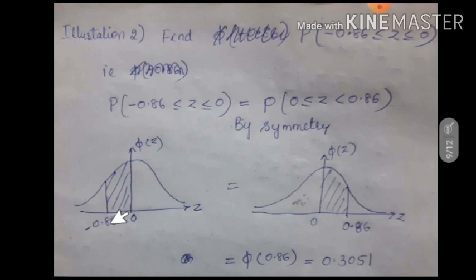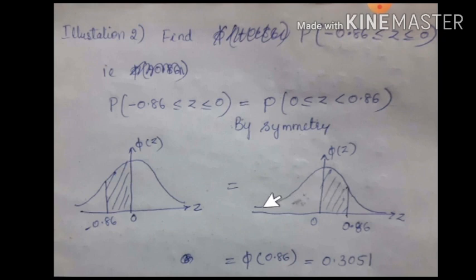So they asked you to find the area between minus 0.86 to 0. We know that the area under the normal curve is symmetrical about the line z equal to 0. The area on the left side is 0.5. The same area on the right side is 0.5. So this curve is equal to this curve.